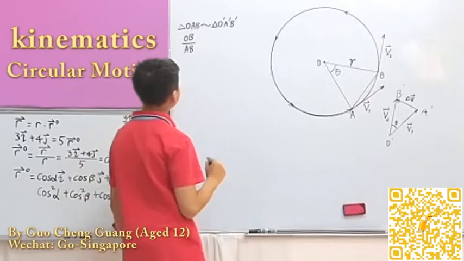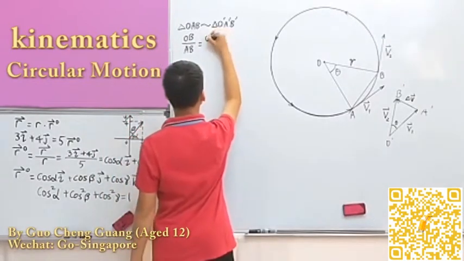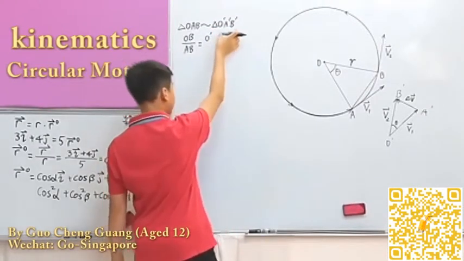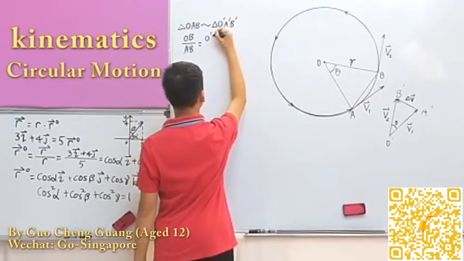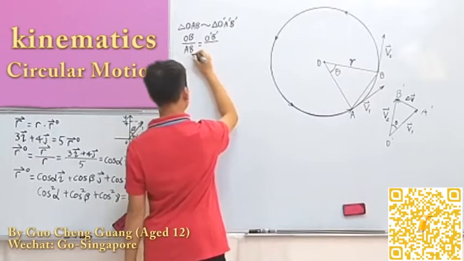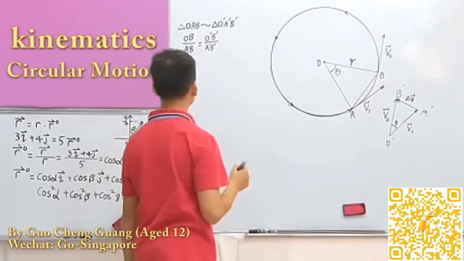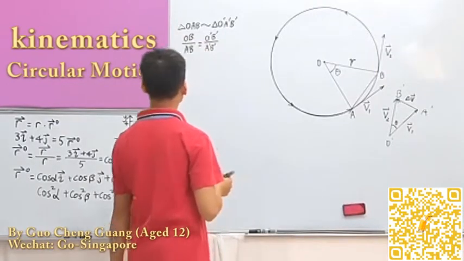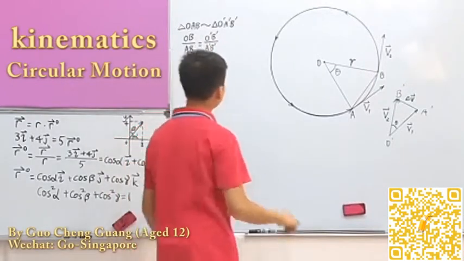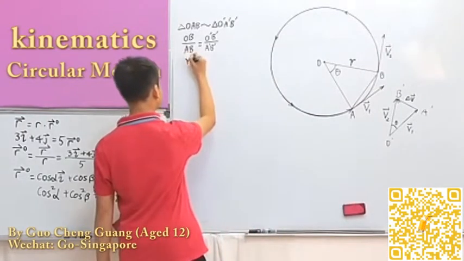Then that equals the corresponding sides, O prime, B prime over A prime, B prime. So that's what you have here. From this part, let's try to find what OB is. Well, OB we're given as R. So R is what we have.